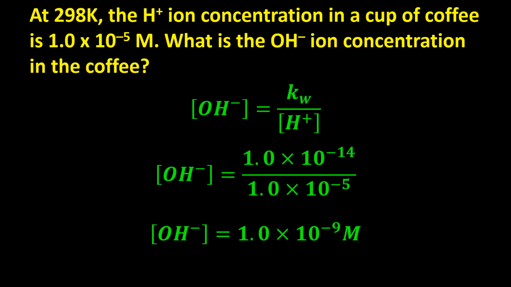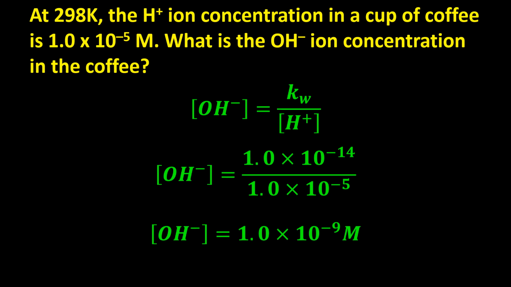Now, some people have a lot of trouble typing these into the calculator and getting the appropriate answer. So I suggest that you practice this with your calculator. But one thing you should notice is that when the numbers are given as 1.0 times 10 to the something and 1.0 times 10 to the something, when you divide, what you end up doing is subtracting the exponents.